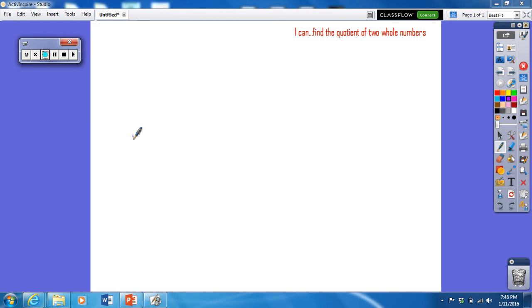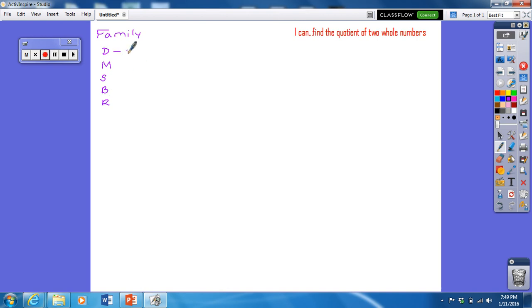Okay guys, today we are going to practice again how to solve a division problem. Remember, we have our family strategy, which is Dad, Mom, Sister, Brother, Rover.